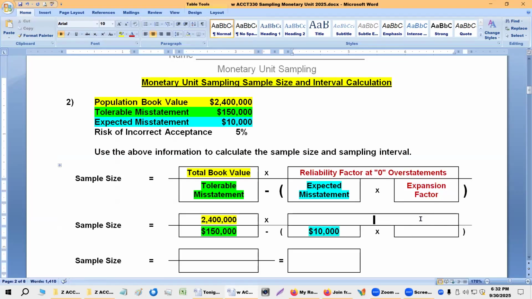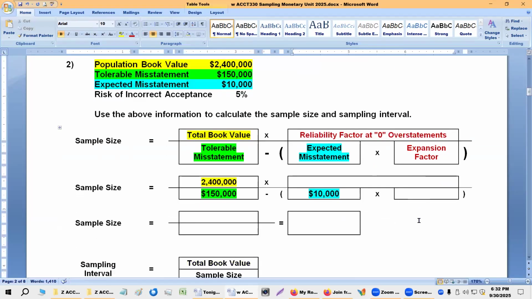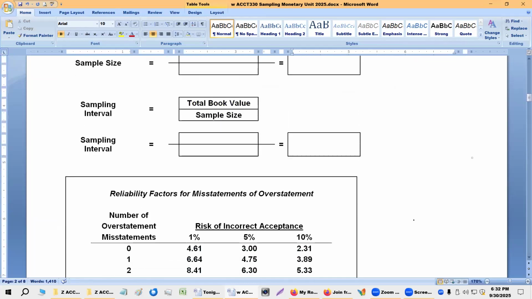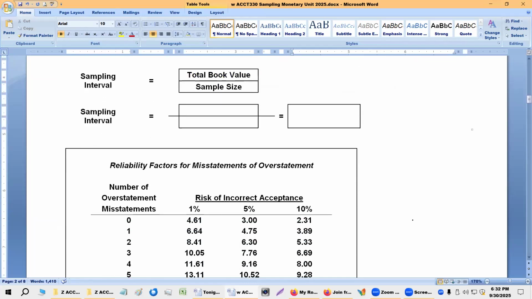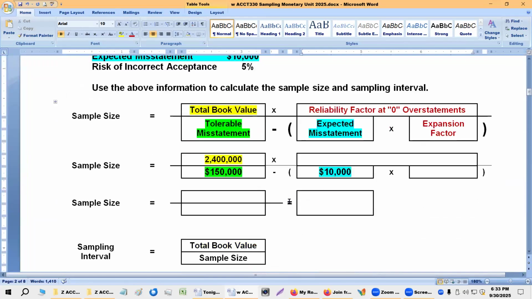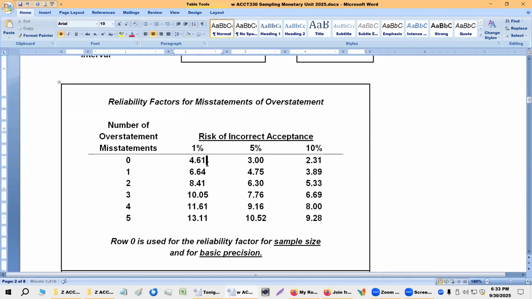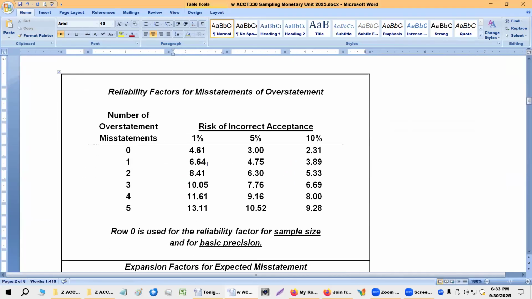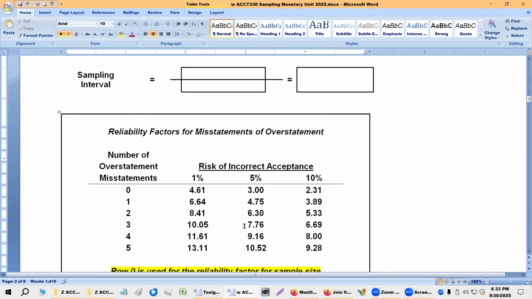Okay, so let's go down here. Okay, reliability factors, and this is just a table that they use for it. And right down here, it tells us that row 0 is used for the reliability factor for sample size and for basic precision, which we'll get to later. Okay, so we're gonna be at row 0.